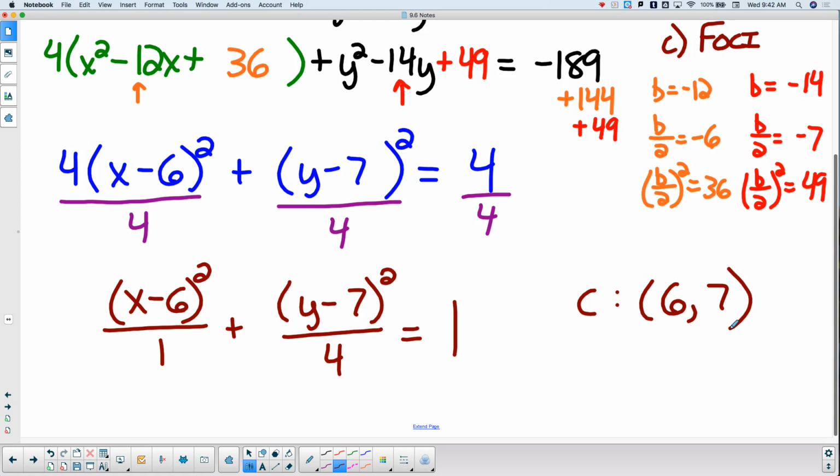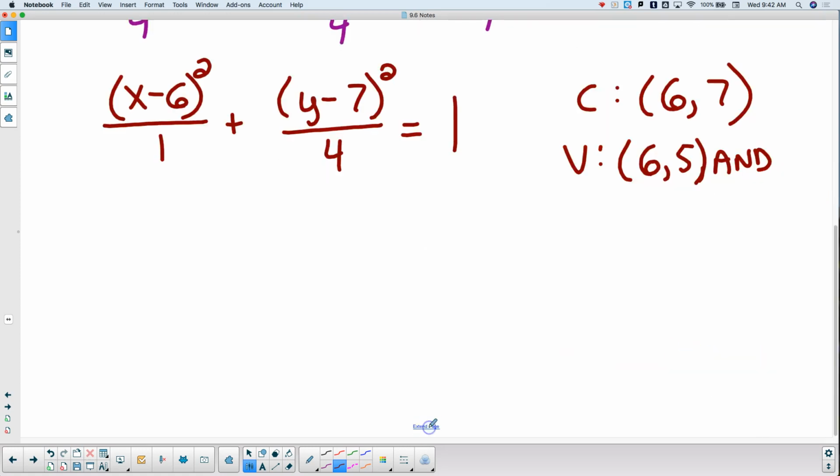And that would give me my vertices. So I've got a vertex at 6, 5 and 6, 9. Right? 2 up and 2 down from the center. Yes?